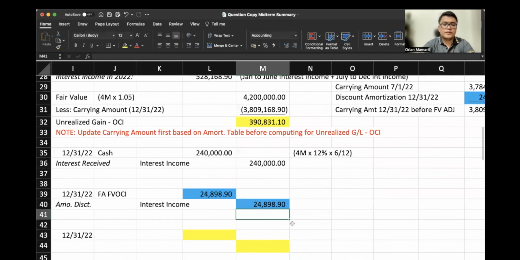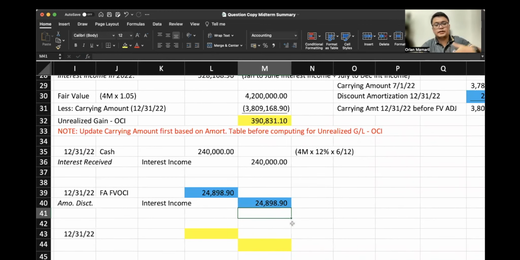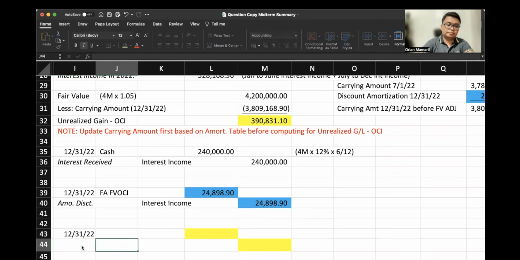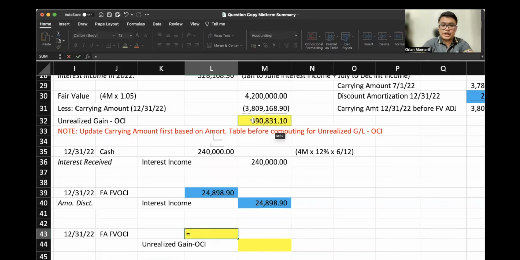And lastly, after updating the carrying amount based on the amortization table, now we recognize our unrealized gain. So we debit financial asset, FVOCI, and unrealized gain, OCI.